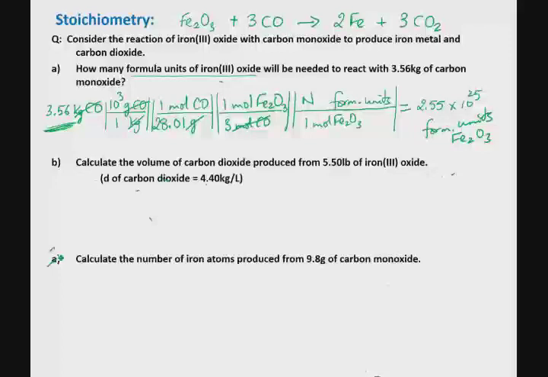By the way, that's C, not A. Complete the remaining two parts as well, and hopefully you get the answers that match mine. 0.469 liters of CO2 for that one, and 1.4 times 10 raised to 23 atoms of iron for this one.